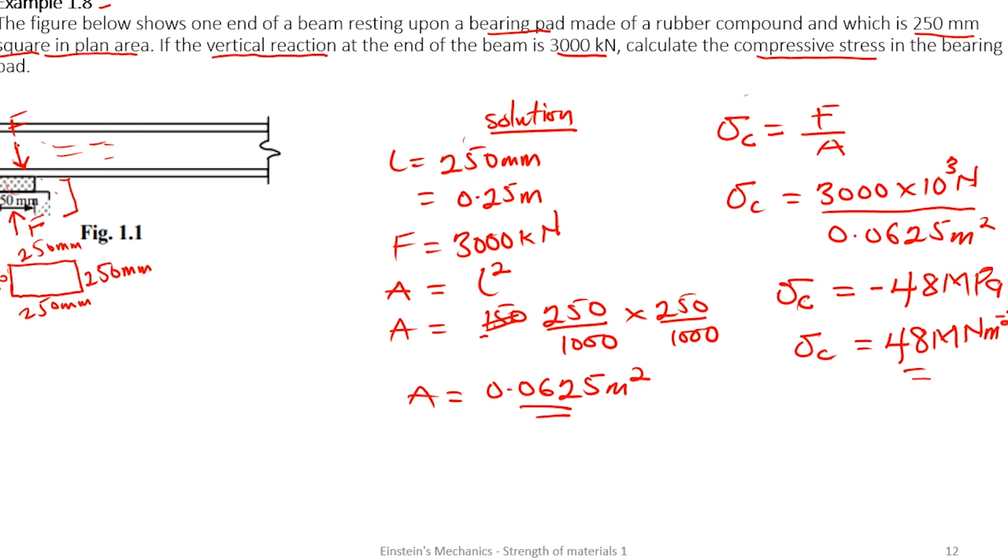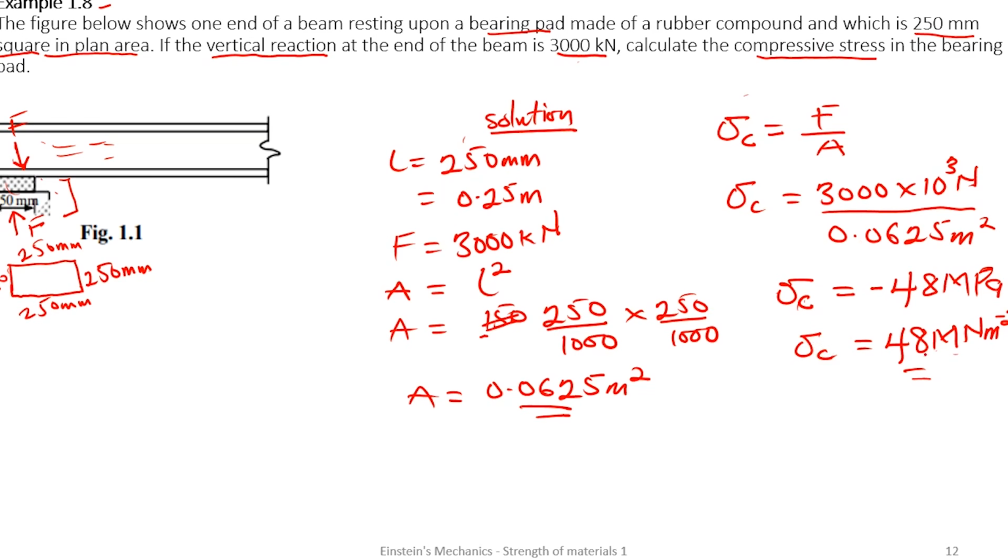As this force is coming down, there's an opposing force equal in magnitude to this force, and the reaction was 3,000 kilonewtons, which is the force. We just find the compressive stress as the force over the area. We do our substitution. This negative indicates a compressive stress, or you can indicate as stress compressive is 48 megapascal.